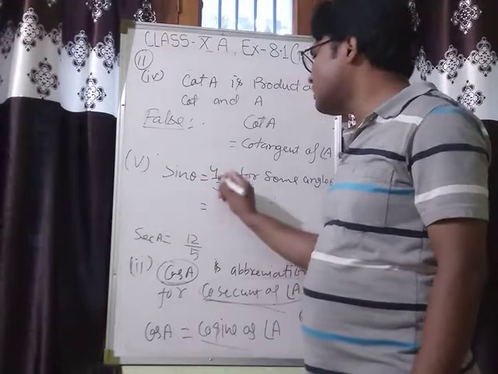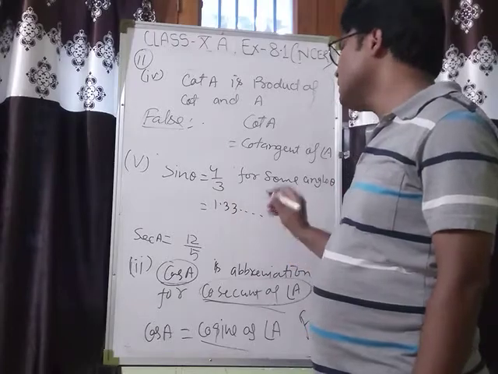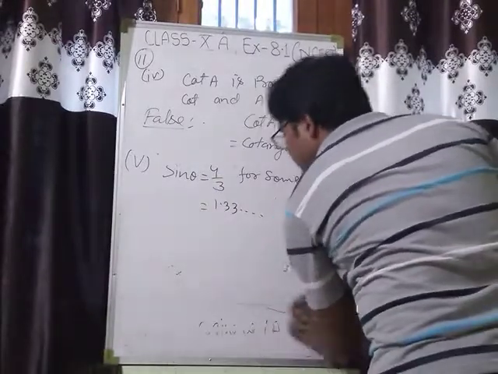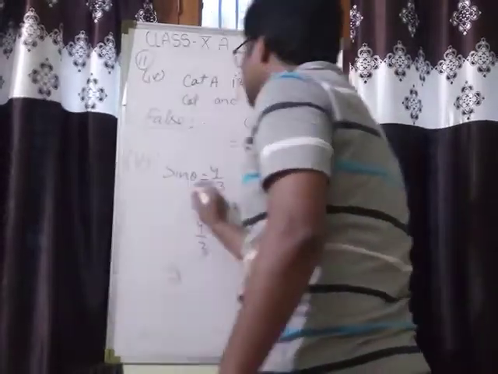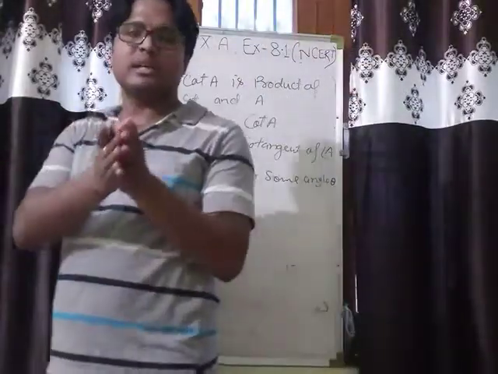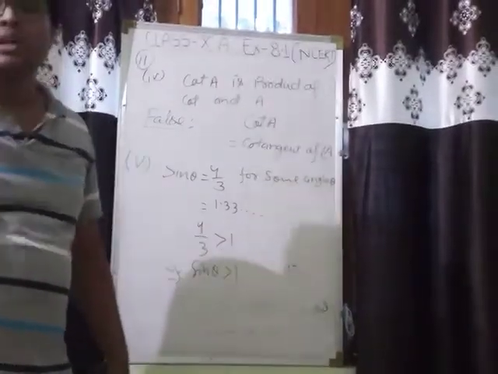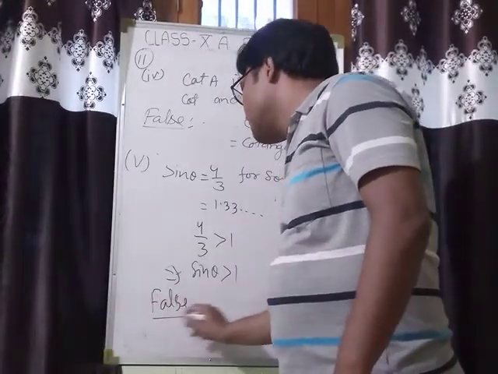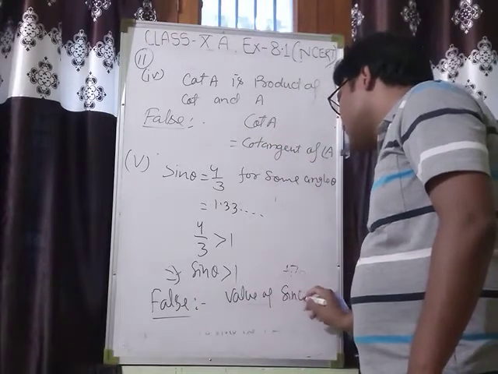You can see 4/3 is what? 1.33 something, which is more than 1. Clearly, sin theta is more than 1. And I just told you that the value of sin theta is always between -1 and 1, it cannot be more than 1. So this statement is also false, because the value of sin theta cannot be more than 1.